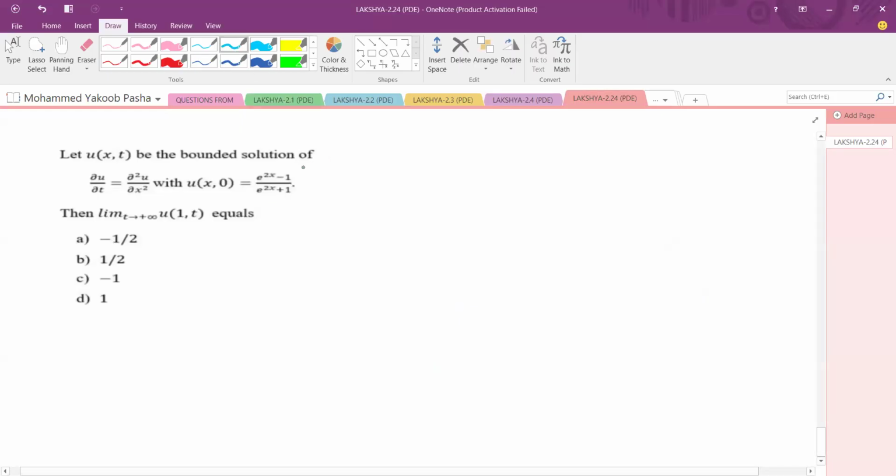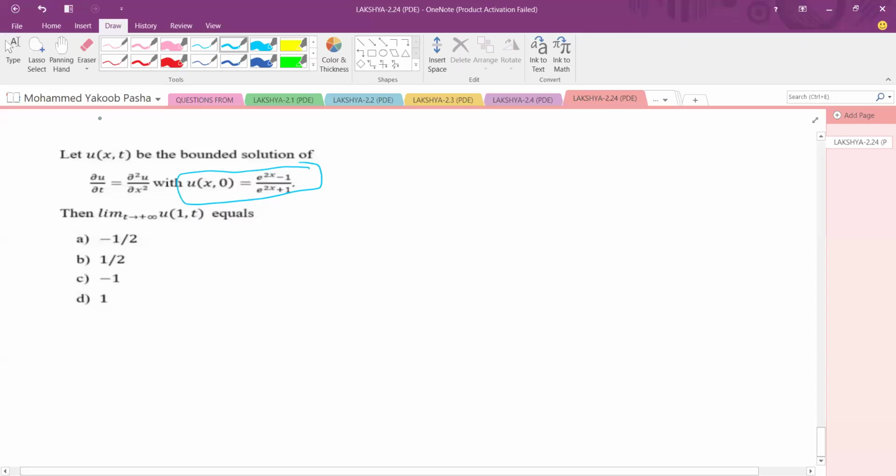This is my initial condition. Then calculate limit t tends to plus infinity u of 1 comma t. What is the value of this limit?